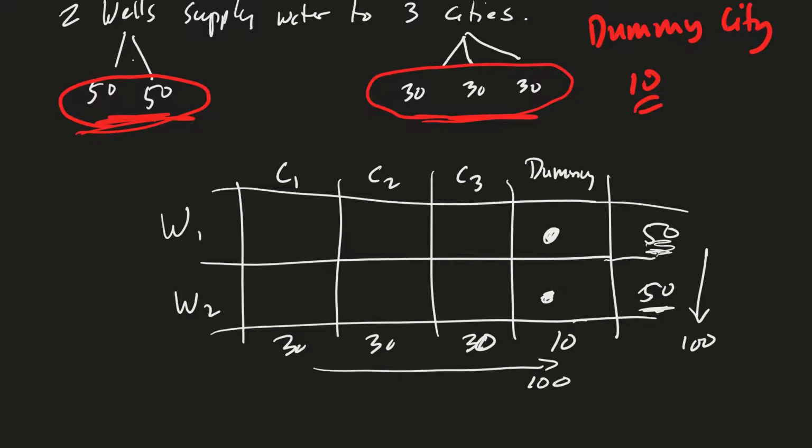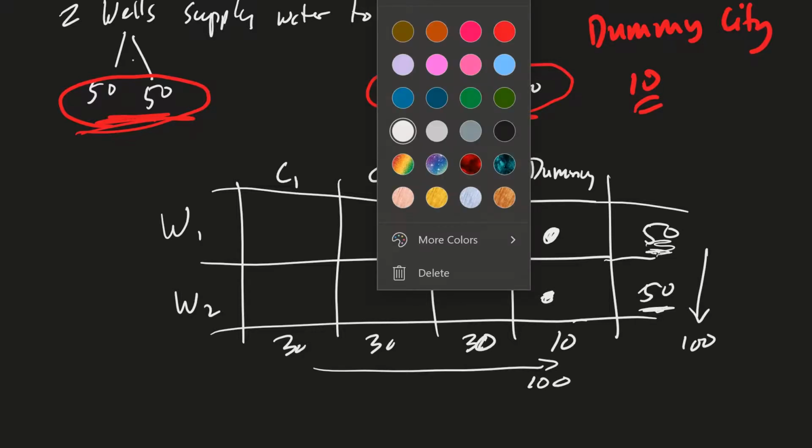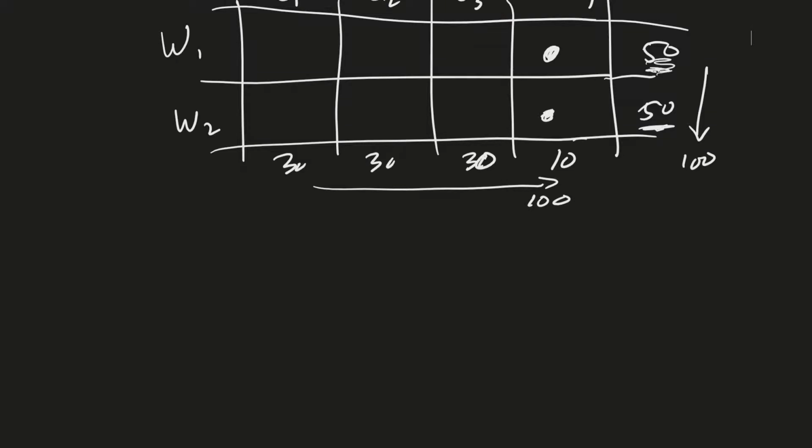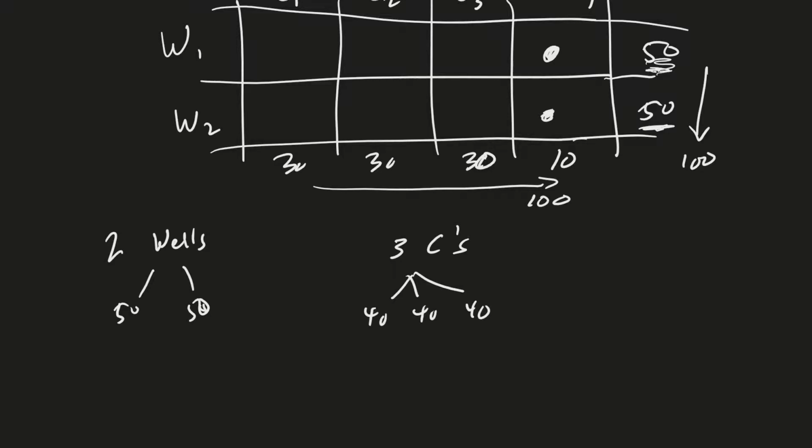Okay. And so now, let's change the problem slightly. Back to what I thought it was going to be when I started. And that was, suppose we have two wells, each with 50. But now suppose we have three cities, and each with 40 demand.